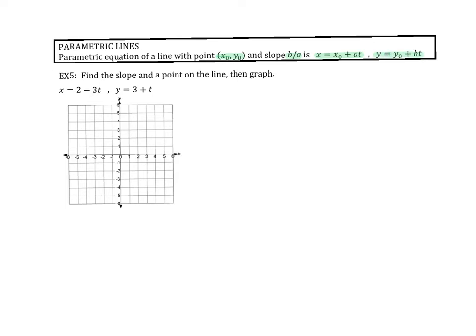Again, this is just a general form. It is not the only form. And I'm fine with you using any form you wish, as long as it makes sense and it describes the curve.